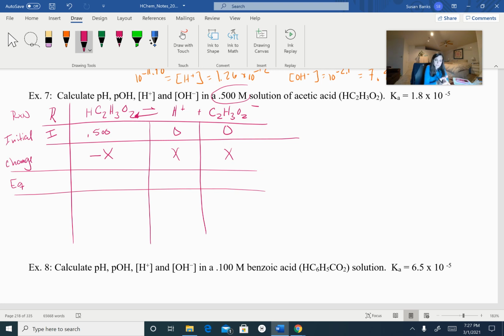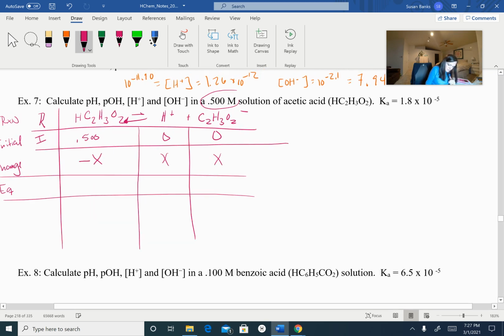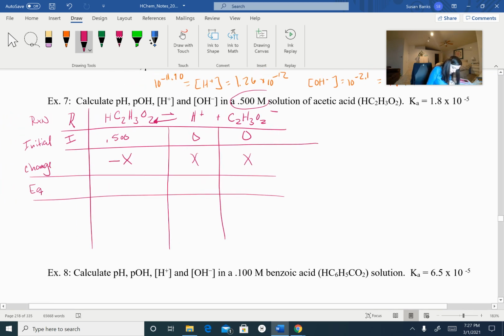We have a 1-to-1-to-1 ratio in this reaction. Okay, so our equilibrium is going to be the sum of our initial and our change line. So I'm going to have 0.500 minus x, and 0 plus x is x, and 0 plus x is x.